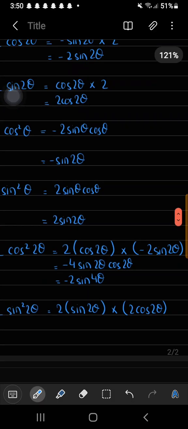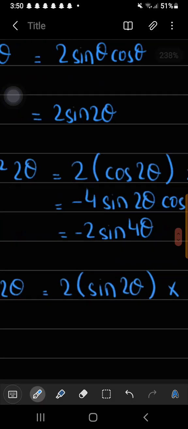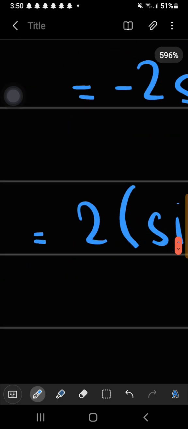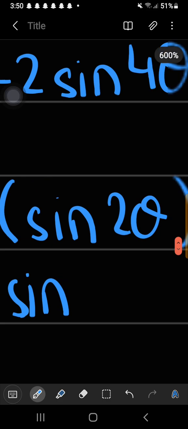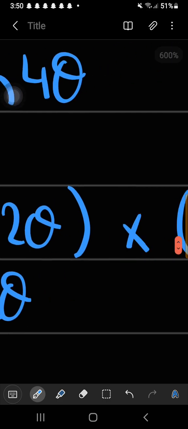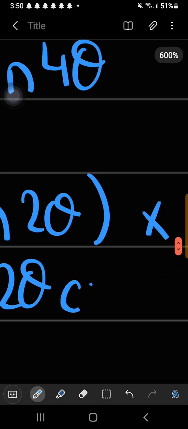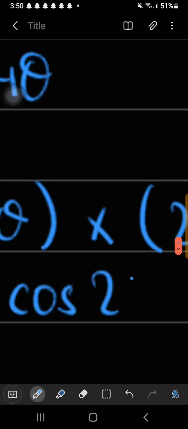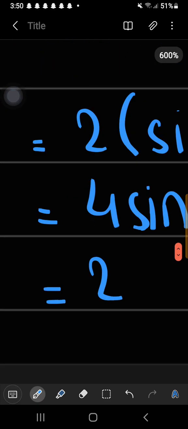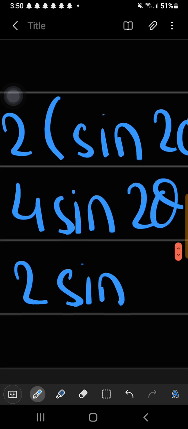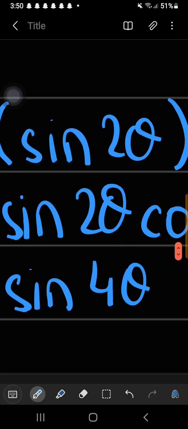So it becomes 4 sine 2 theta cos 2 theta. So it becomes 2 sine 4 theta.